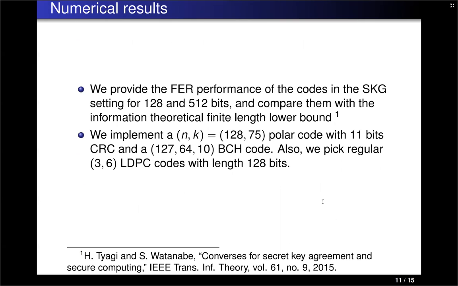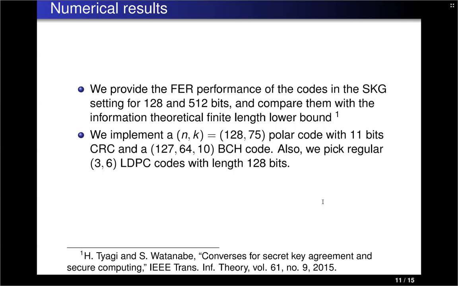The simulation is for two block lengths, 128 and 512. For the first block length, we consider a polar code of length 128 and dimension 75 with 11 bits of CRC. So we are assuming that out of 128, we want to generate 64 bits of secret key.